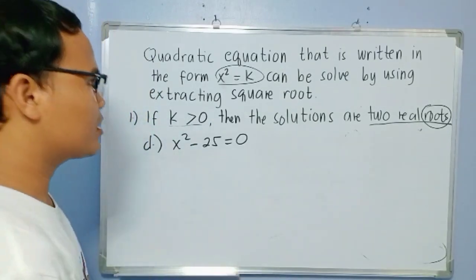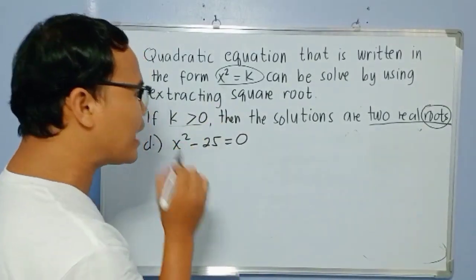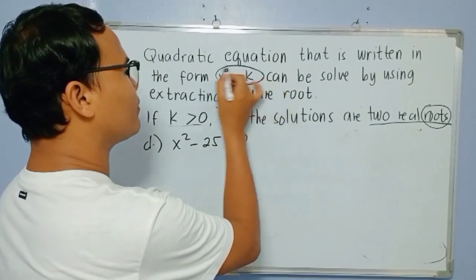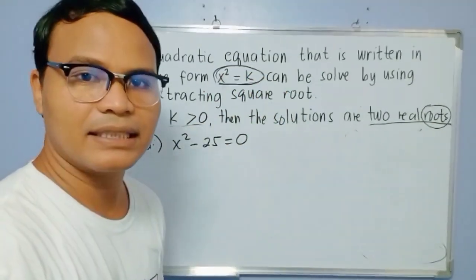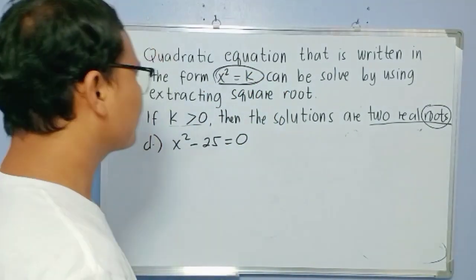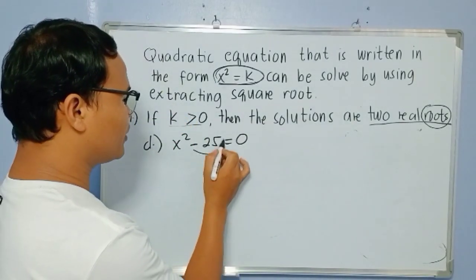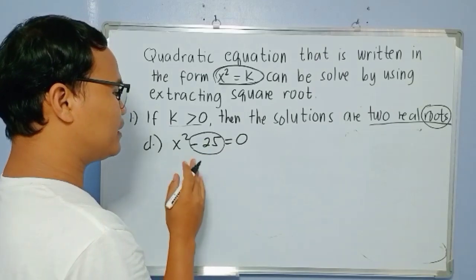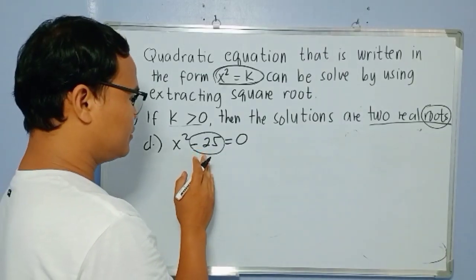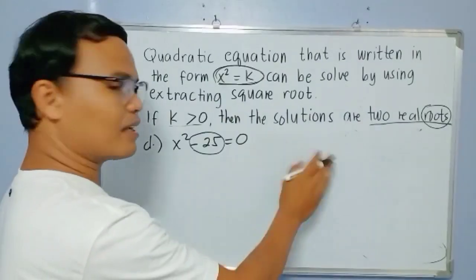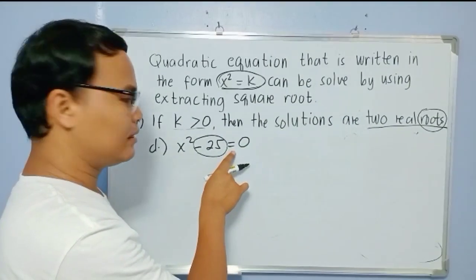Why? Because we need to make the equation in this form, x squared equals k. Okay? So, ang gagawin natin dito, si negative 25, dapat matransfer siya sa kabilang side ng equal sign.